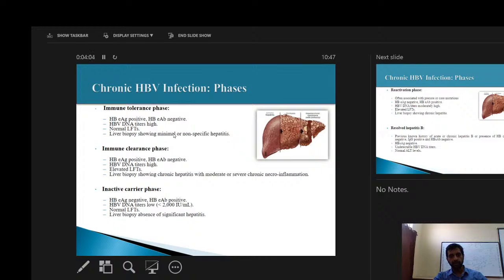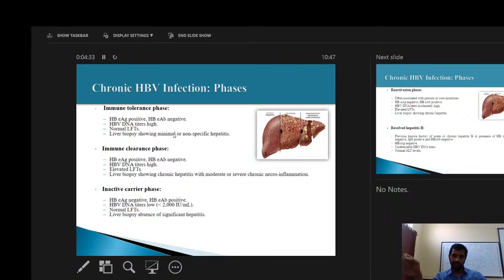When you do a liver biopsy, there will be no hepatitis. You may see virions within the liver parenchyma, but there will be no hepatitis in these patients. So this is the immune tolerant phase. It usually lasts for 10 to 20 years. Until adolescence, the patient will be in the immune tolerant phase. So if he got infected at this young age, he will be in the immune tolerant phase until his adolescence. After that, he will proceed to the immune clearance phase.